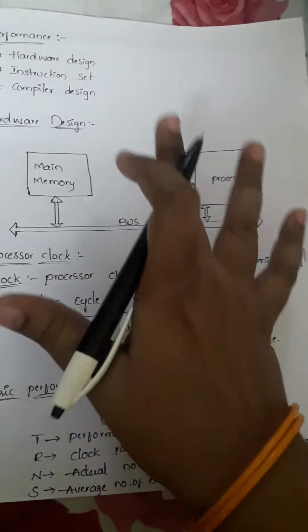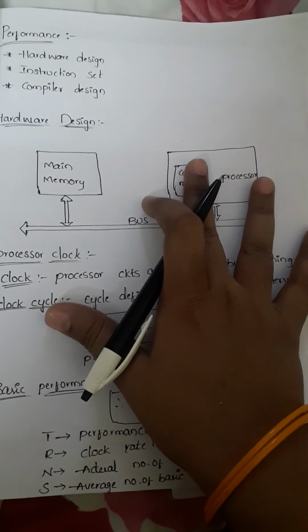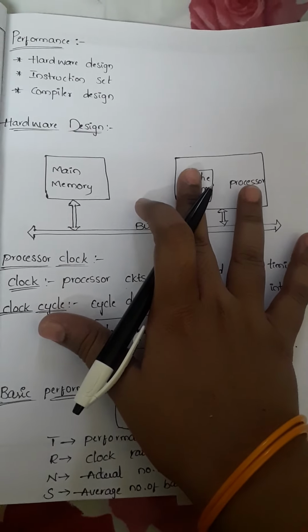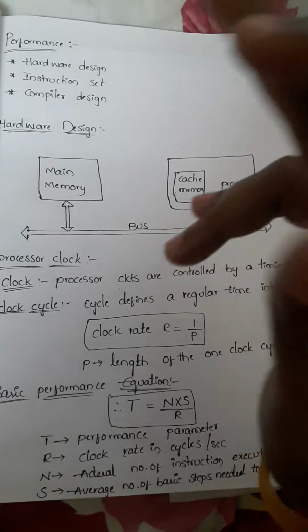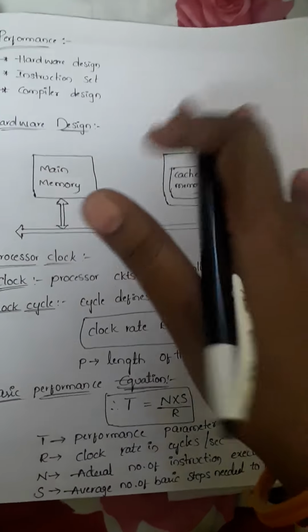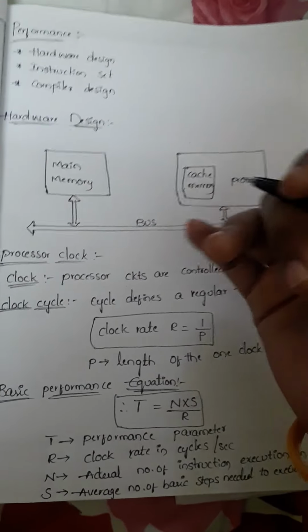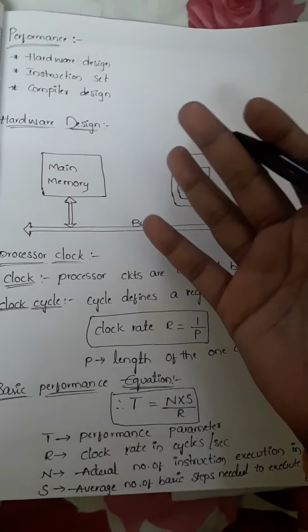To achieve better performance, a designer of the computer system must consider some factors. That means if the system can execute the programs in a fast way, automatically the performance will be high.